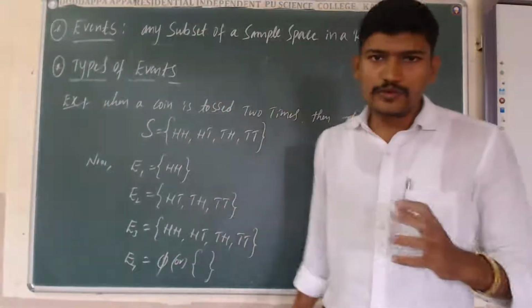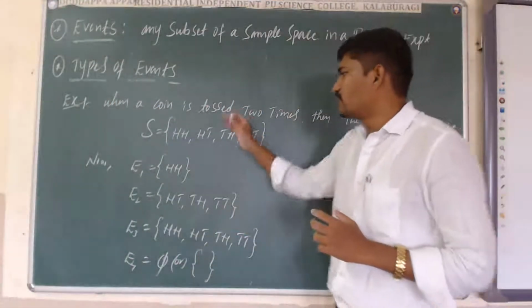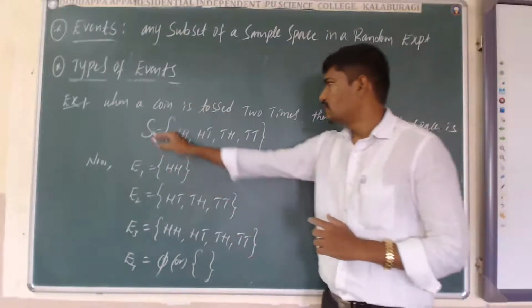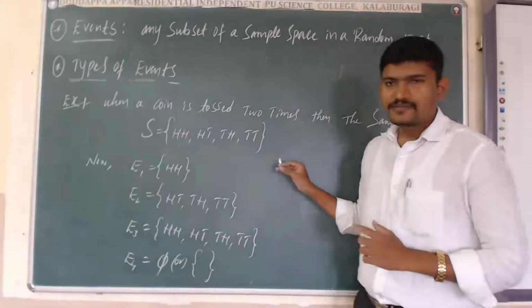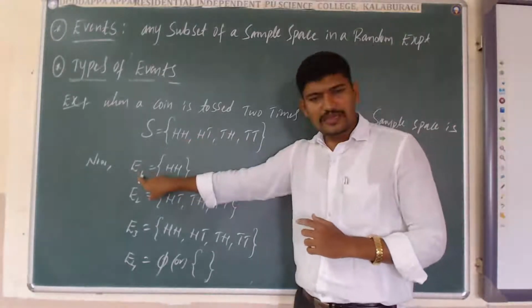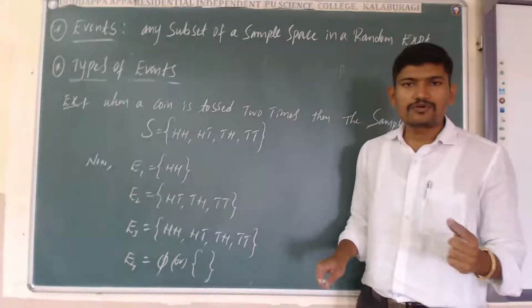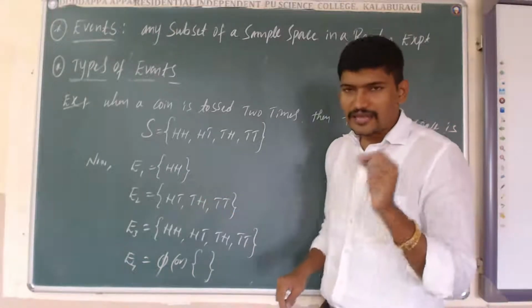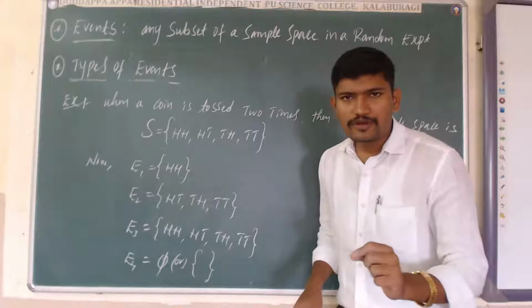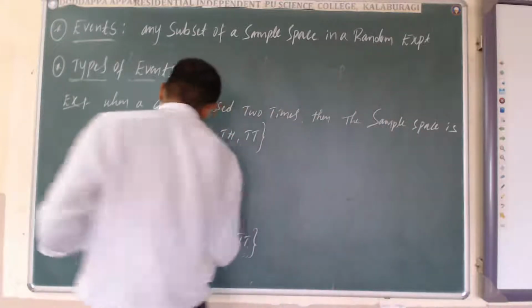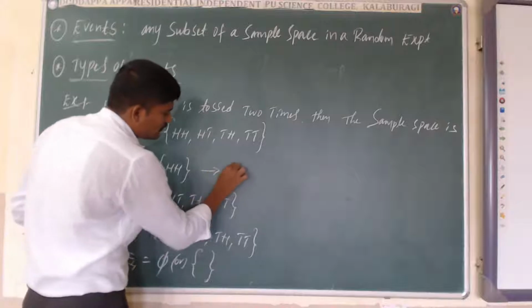Dear students, listen here. These are the examples of the types of events. This is the sample space. The first one, E1, contains only one element. If an event has only one sample point, we call it a simple event.